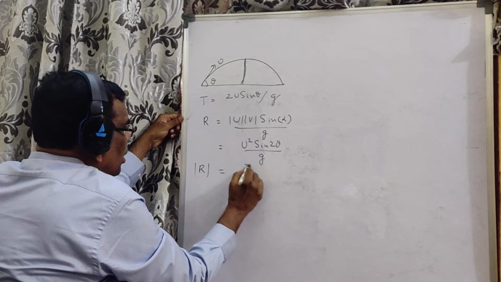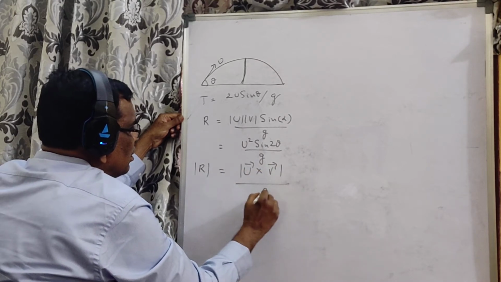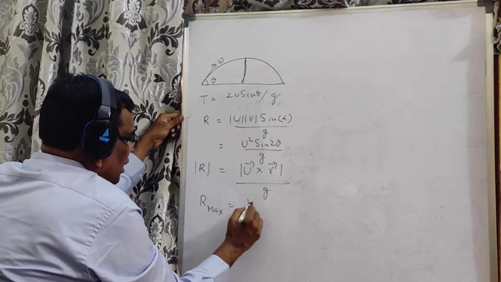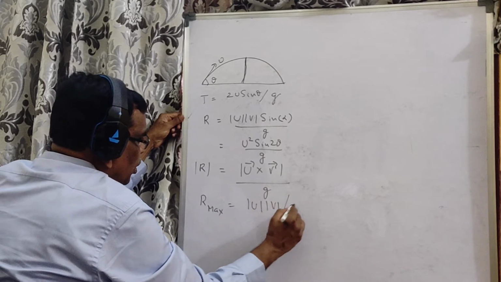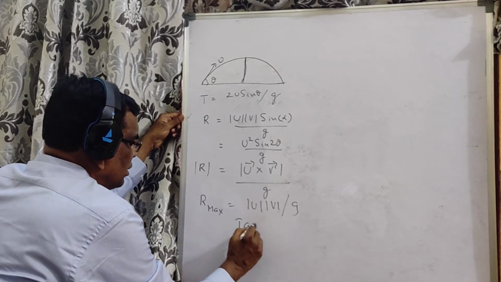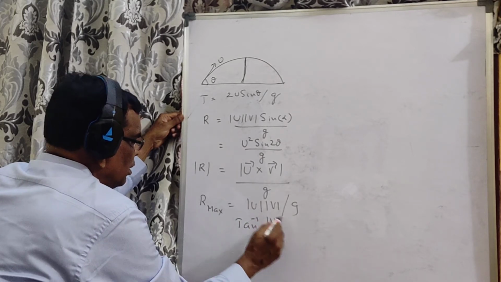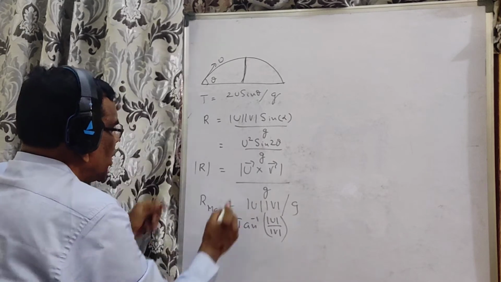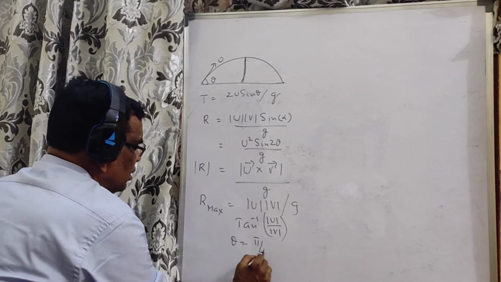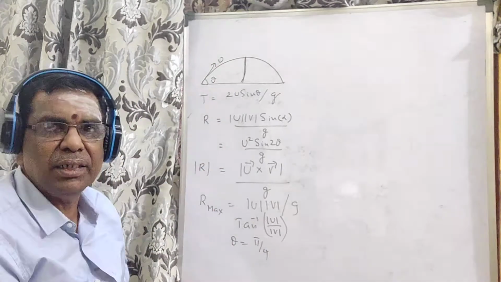So R you can always write as u cross v by g, and you get R max as mod u mod v by g, and the angle is tan inverse u by v. Never forget this. In this case, R max is at theta equal to pi by 4. That is how you have these relations.